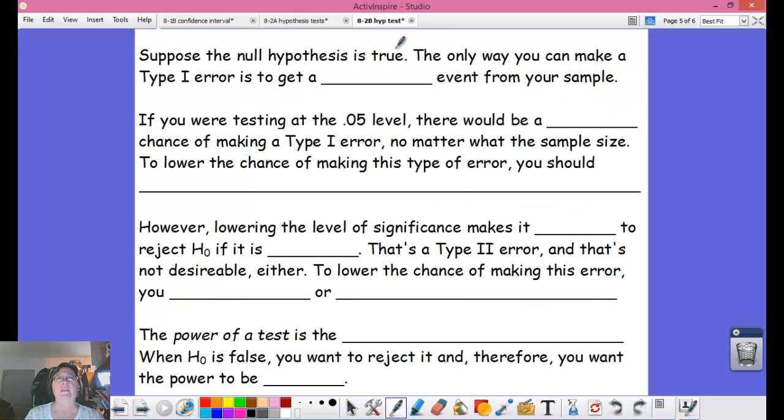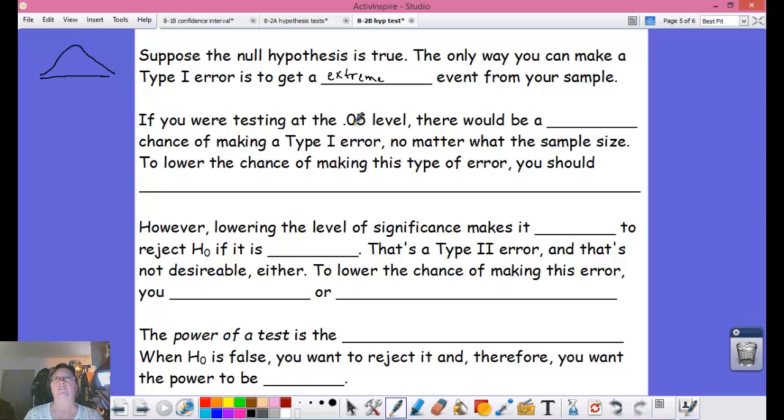Suppose that the null hypothesis is true. The only way that you can make a type 1 error would be to reject a true null hypothesis. You'd have to get an extreme value from your sample. It would have to be something very significant.